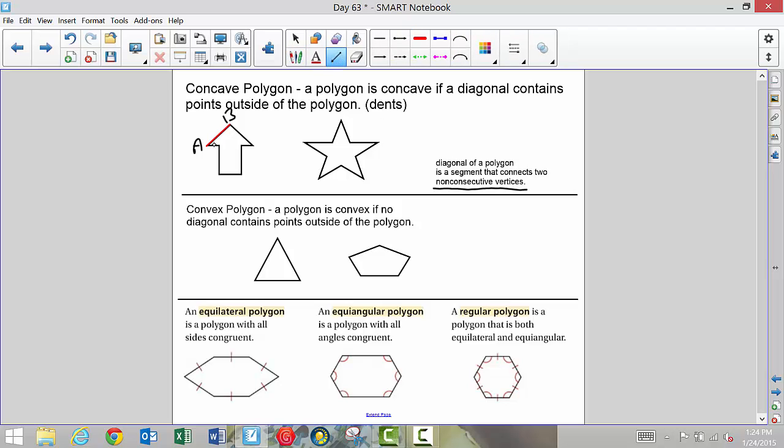So here's an example. If I connect A to C, notice that this line A to C goes outside of the polygon. Therefore, by the definition, it is concave.